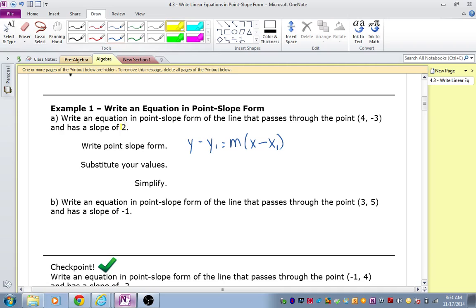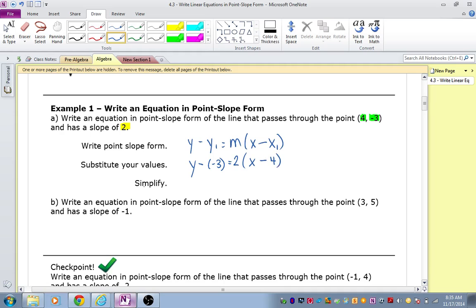We know that our slope is 2, so that's going in for our m. And our ordered pair is (4, negative 3). So we're going to say y minus, our y is negative 3. And over here we're going to say x minus, and our x coordinate is 4.